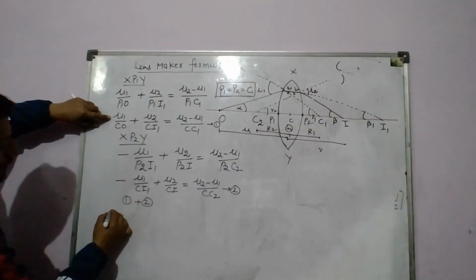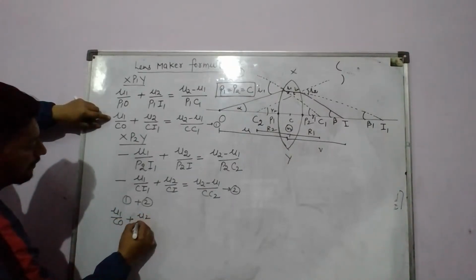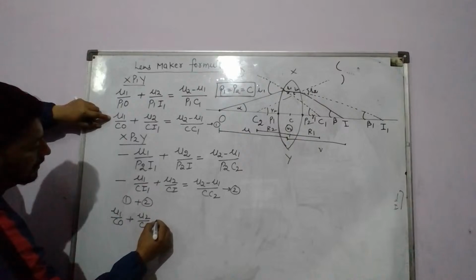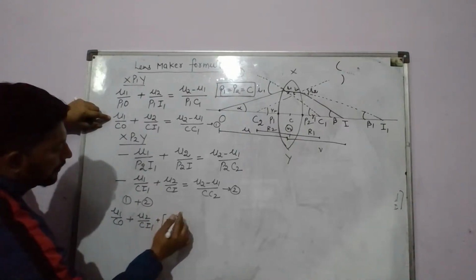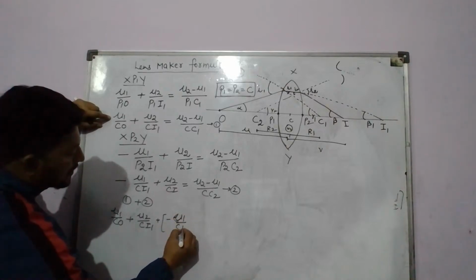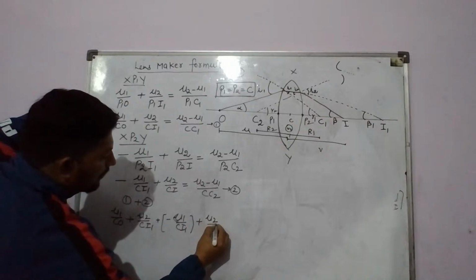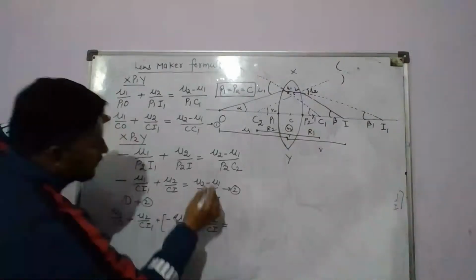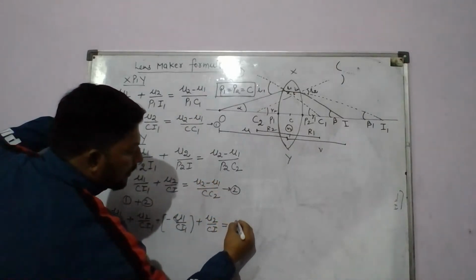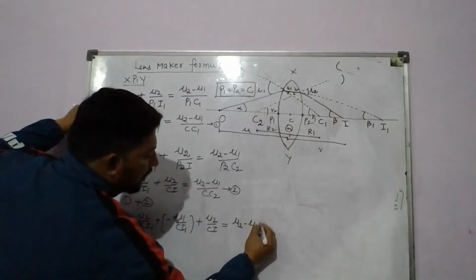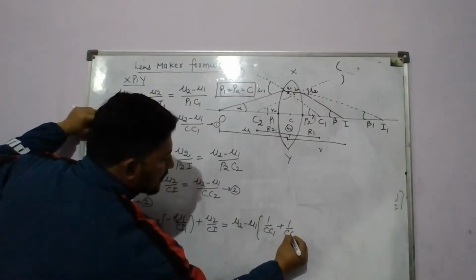So mu1 upon co plus mu2 upon ci1 plus minus mu1 upon ci1 plus mu2 upon ci is equal to the right hand side, mu2 minus mu1 common, mu2 minus mu1 times 1 by cc1 plus 1 by cc2.